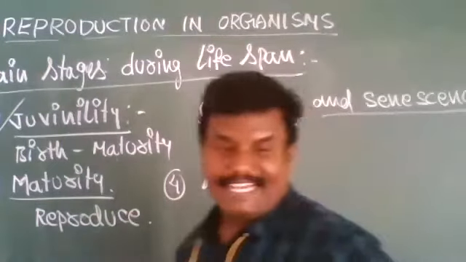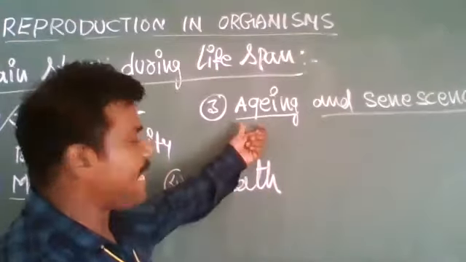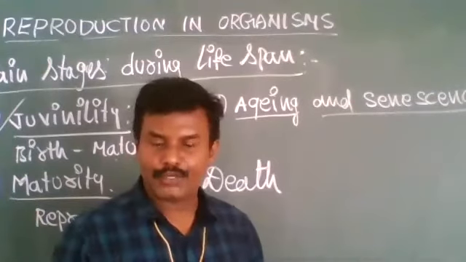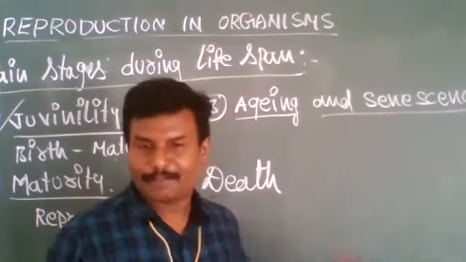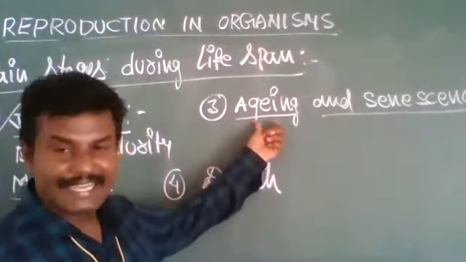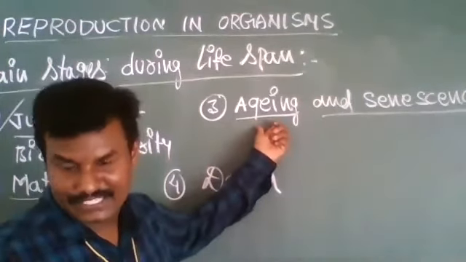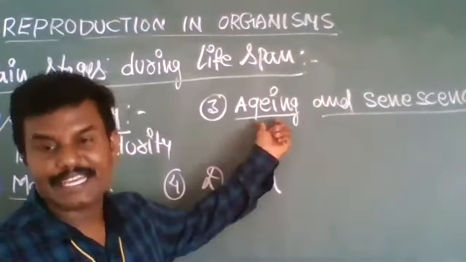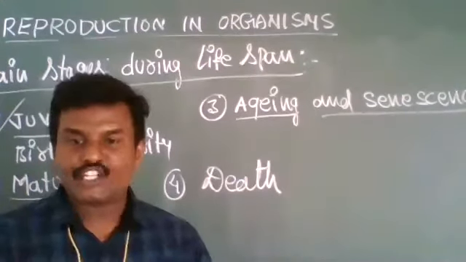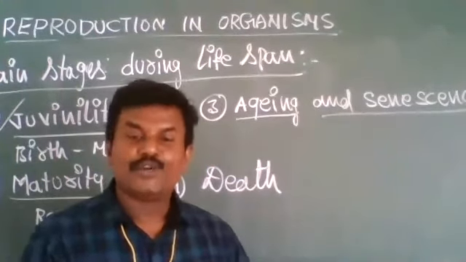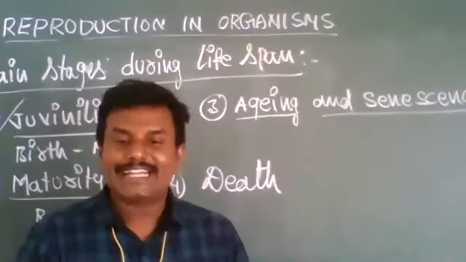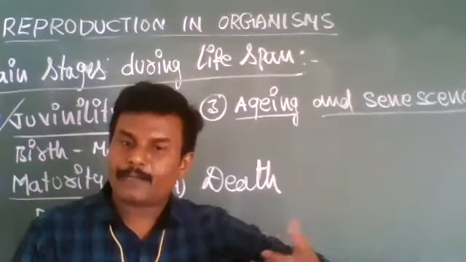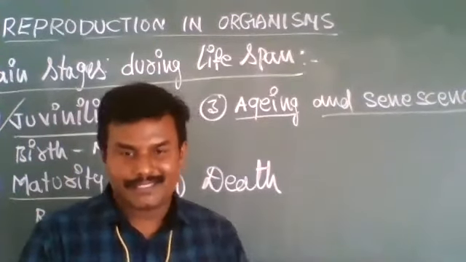Aging and senescence. After maturity begins aging. That is the gradual deterioration of body organs. That means our body's metabolic activities gradually decrease.